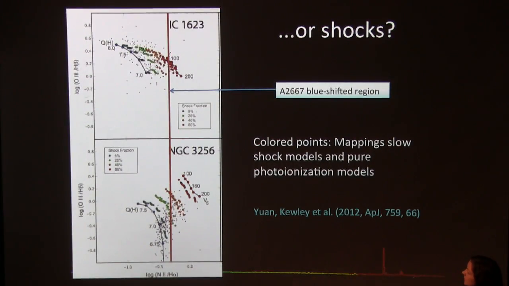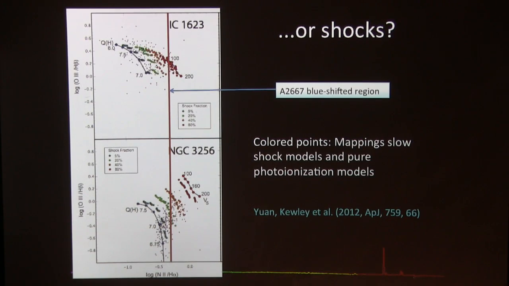And so here's just an example of comparison between the line ratios and our shock models. And you can see this is where this galaxy lies. We don't have O III to H beta for this galaxy, so we can't put a point on here, but it lies in the region where our shock models lie, and not in the pure starburst region here, shown by the blue. And again, these are our MAPPINGS shock models.